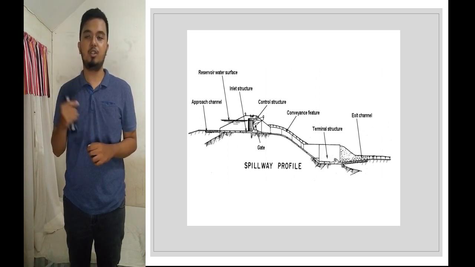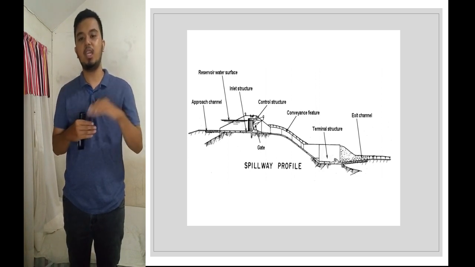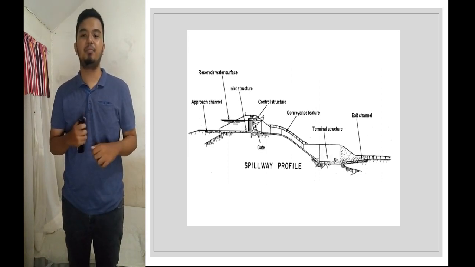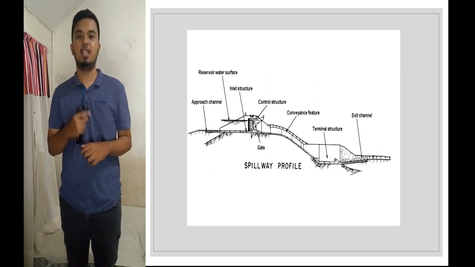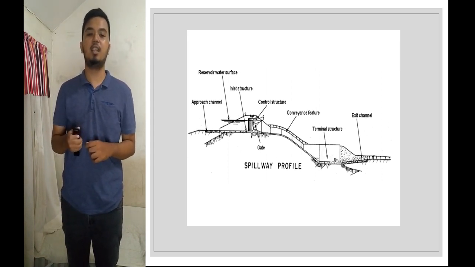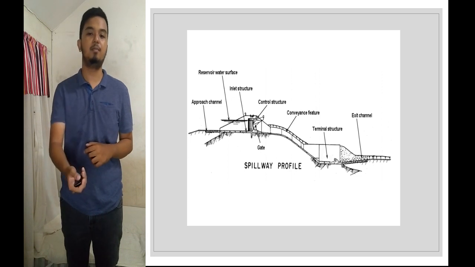Next is the conveyance feature, which is the way toward where the water goes. Next is the terminal structure, or the storage of the water in case. And next is the exit channel. So that is the spillway profile.